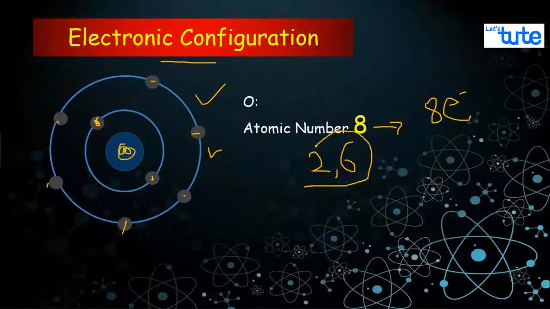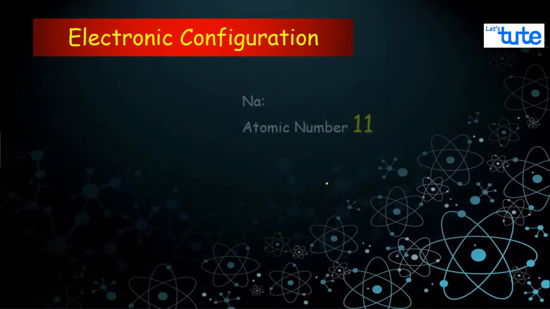So this is the electronic configuration of oxygen: 2, 6.